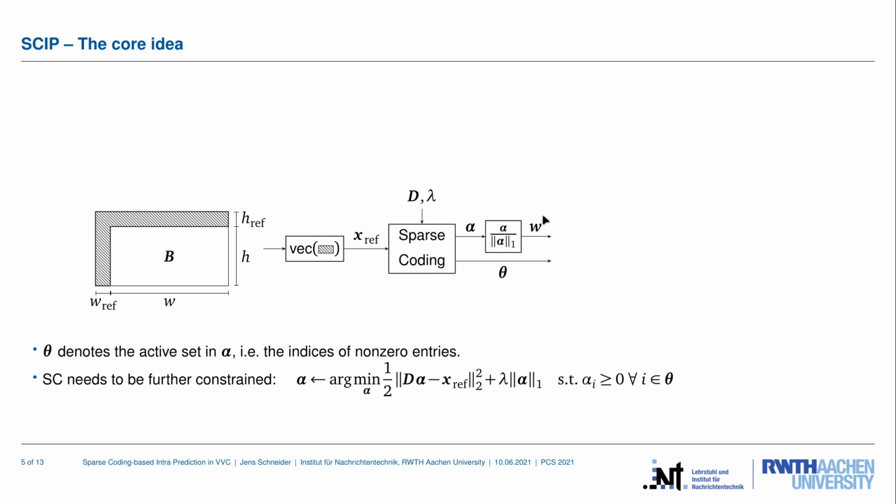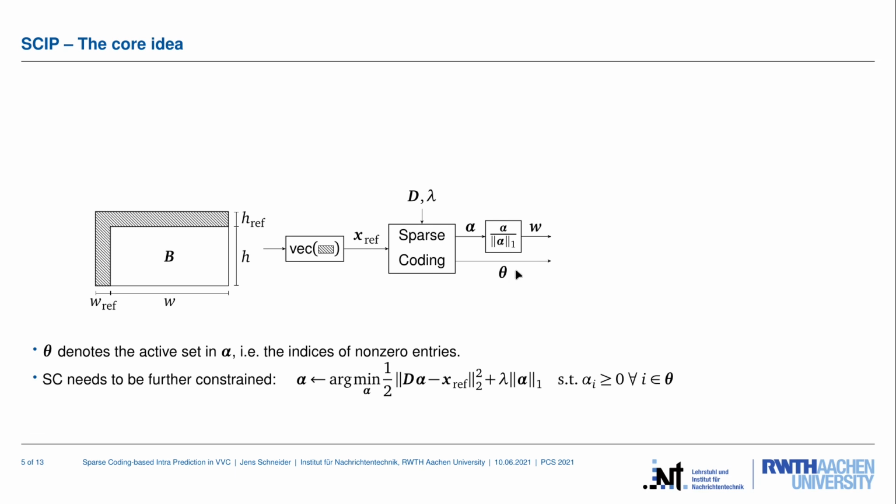As we want this vector w to sum up to 1, we further constrained the sparse coding problem such that every single entry in alpha should be either 0 or positive. Otherwise, it would not be ensured that this vector will sum up to 1 after this L1 norm normalization.